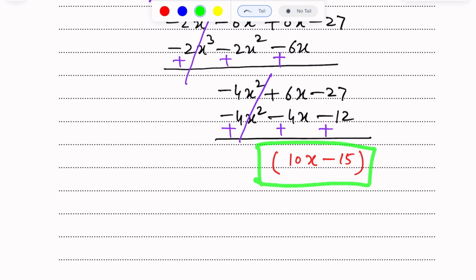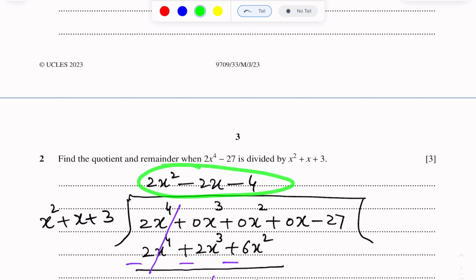Now, this is remainder and this is quotient.